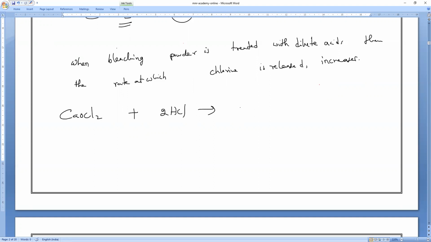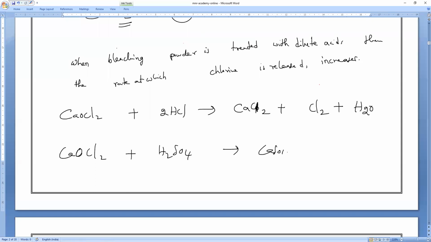Calcium chloride, CaCl2, plus chlorine gas plus water. Or you can use sulfuric acid, H2SO4. Then the products: calcium sulfate plus chlorine gas plus water. So the rate of reaction increases when you react with dilute acids. Is it okay, guys? All of you?